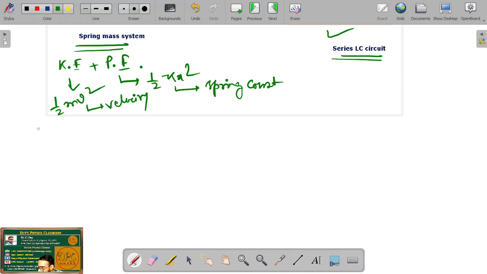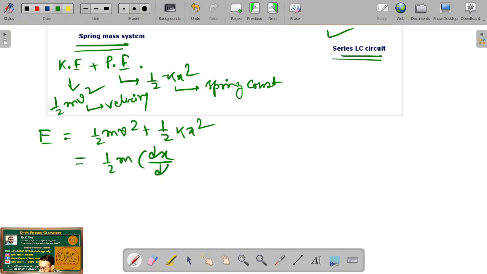So the total energy for the spring mass system would be E, which equals half m v square plus half k x square, or we can write it half m (dx/dt) whole square plus half kx square, where v is velocity, which equals dx/dt.